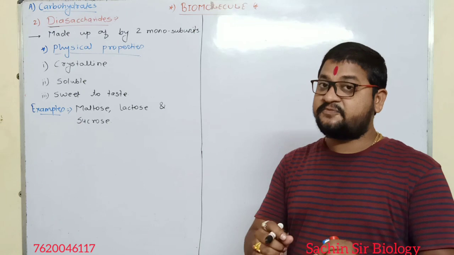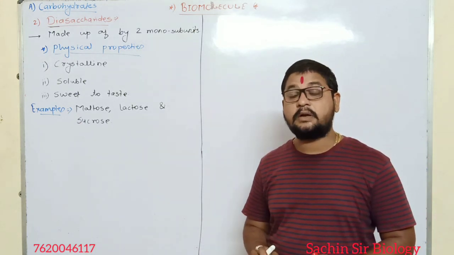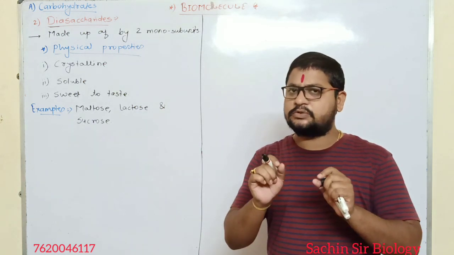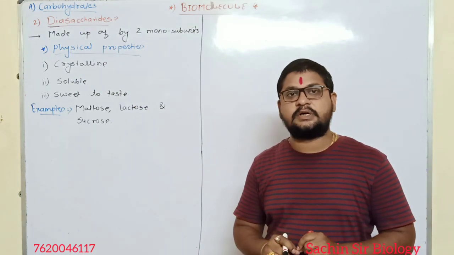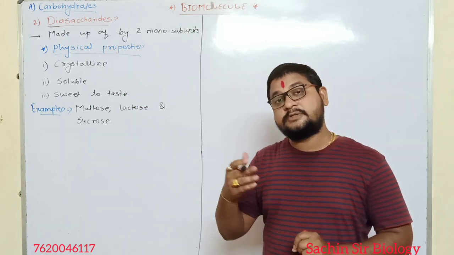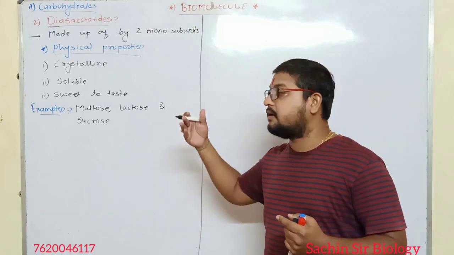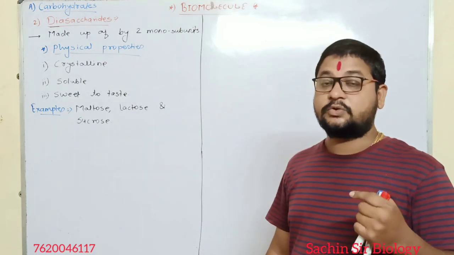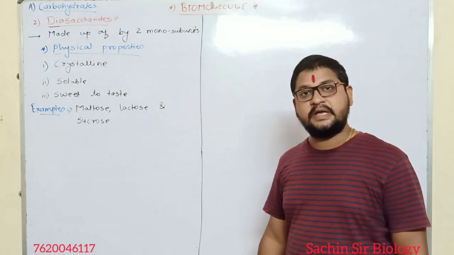Actually, the main fact is that all disaccharides are reducing sugars, but sucrose is a non-reducing sugar, meaning sucrose is an exception to this. How? Answer this question at the end of this video. Again I am telling you, you also compare why sucrose is non-reducing and the remaining disaccharides, for example maltose and lactose, why these are called reducing sugars, you will understand very well.